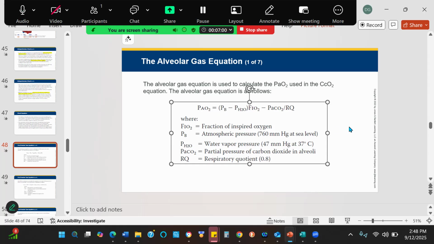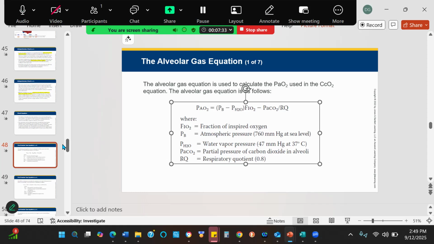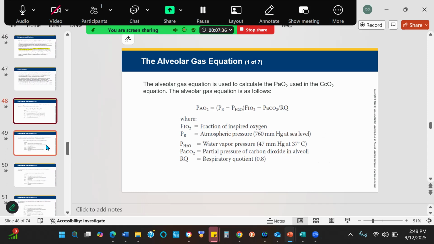The big AO2, that's alveolar oxygen, is barometric pressure, that's PB, minus water vapor pressure times the FiO2, that's the percentage of oxygen that the patient is on, minus the PaCO2, that's the arterial carbon dioxide, divided by the respiratory quotient, which is normally about 0.8. So that's it. That's the alveolar gas equation. You might as well learn it now. You're definitely going to need it when you get to critical care class and then for your board exams.